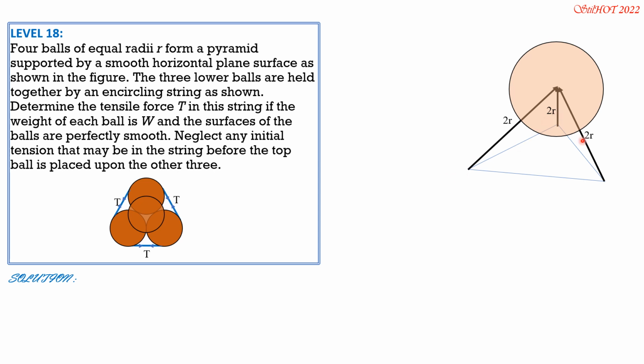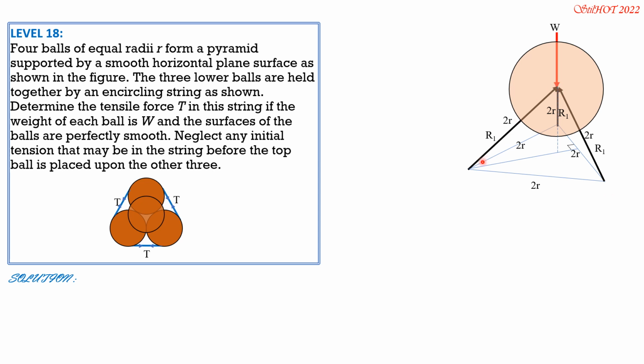Center to center of the lower three spheres will have a length of 2r, also an equilateral triangle. That's the weight of the upper sphere. Remember that we have to draw a line from the center to here, which is the centroid of the equilateral triangle. We will call the height of the equilateral triangle of the bottom base h1.